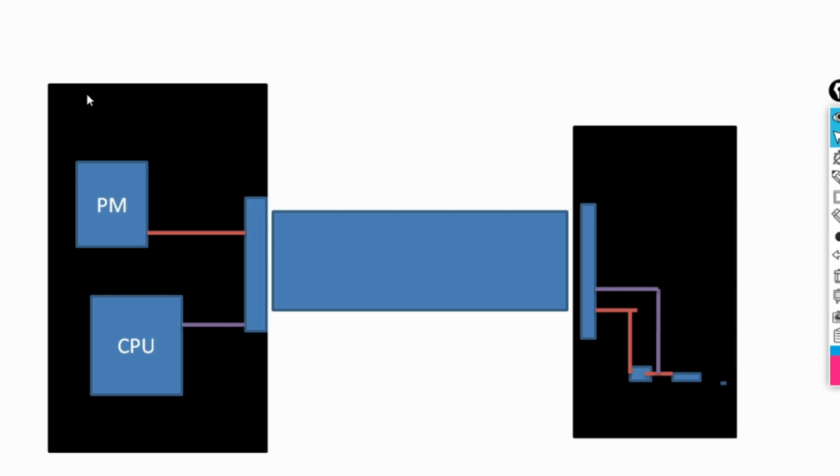Suppose this is the main motherboard, right? This is a PMIC, this is the CPU, this is the battery connector, sorry, the charging connector, this is the charging flex, these are the subboard connectors, and this is our circuit, R1 and R2, right? A VIO voltage of 1.8 goes to the charging connector, through the charging connector it goes to the subboard, right? Through the subboard connector this line connects to R1.